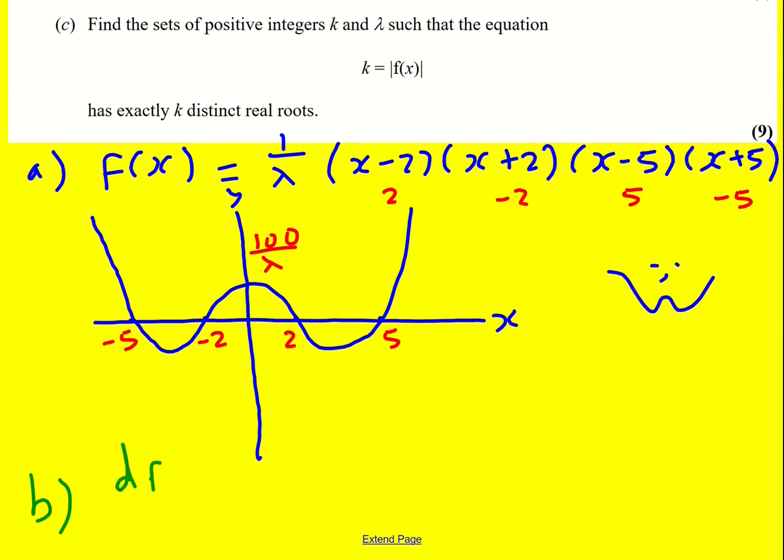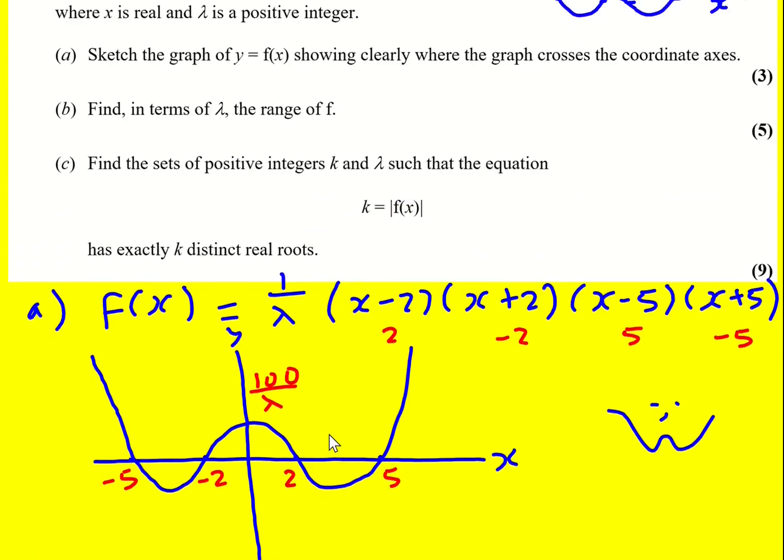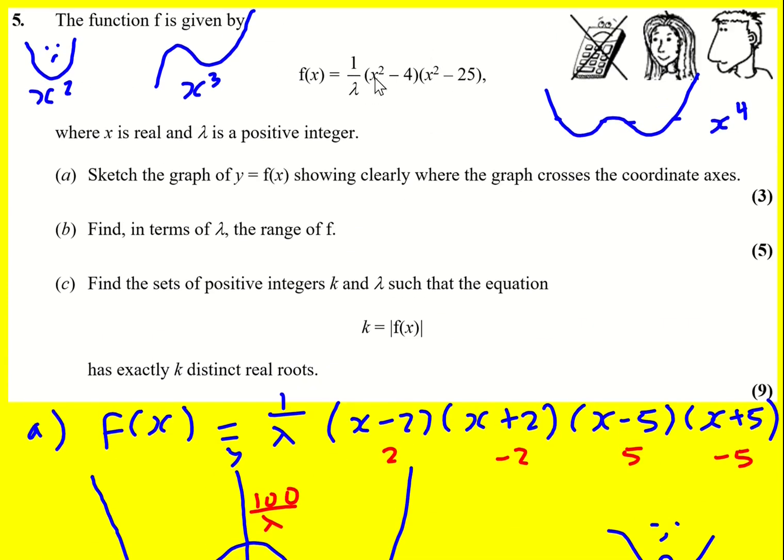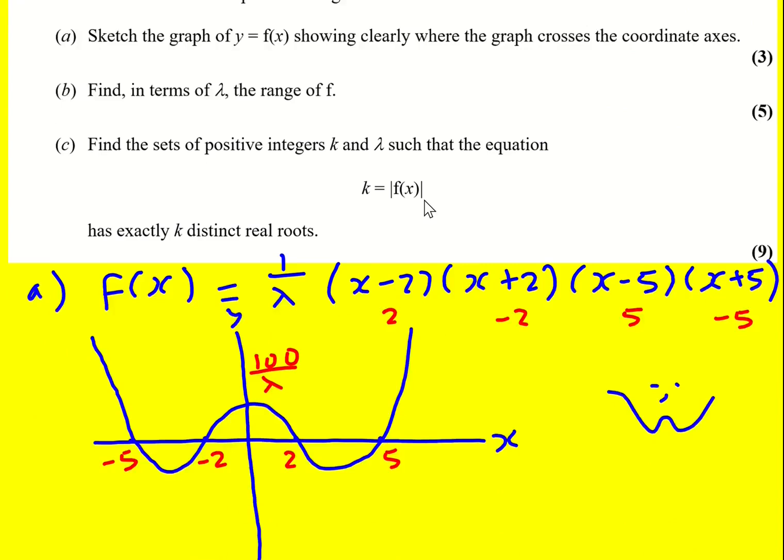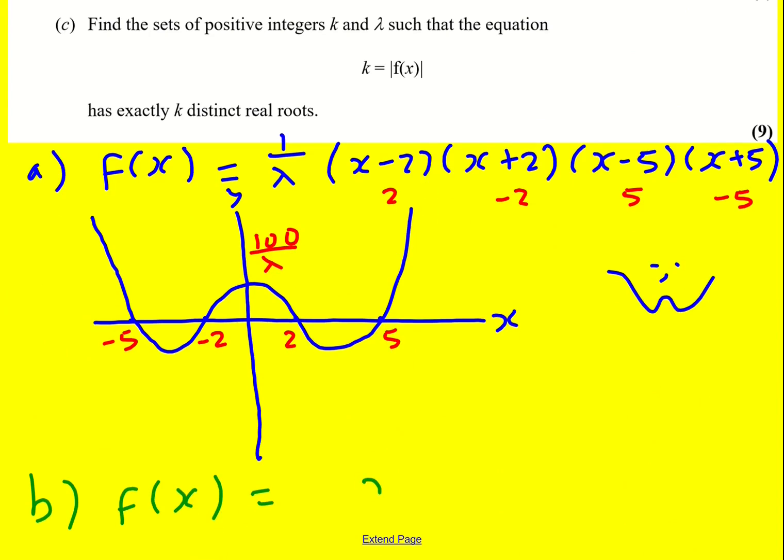So we've got df. Well, actually, I need to first of all expand it, don't I? So I'm going to get x to the 4 minus 29x squared plus 100, and I'm multiplying that by 1 over lambda.